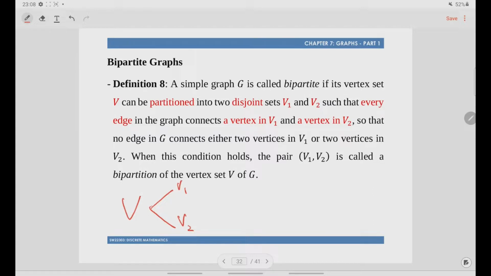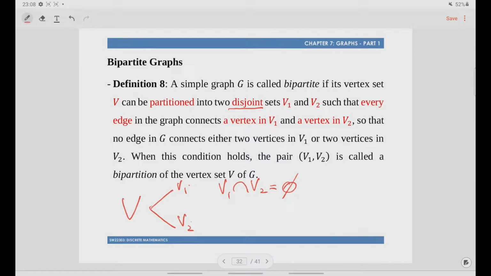Again, a simple graph G is called bipartite if its vertex set V can be partitioned into two disjoint sets V1 and V2. The first condition is that these two sets are disjoint, that means the intersection between V1 and V2 is equal to an empty set, because there is no common element between these two sets.